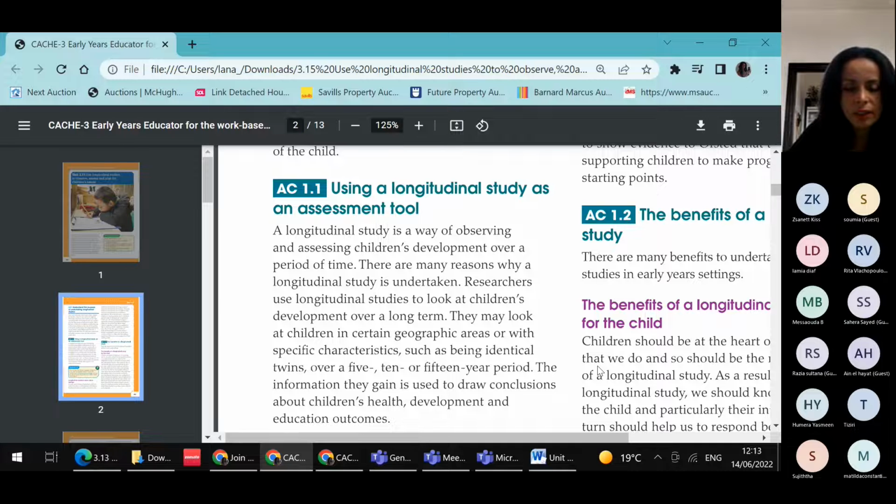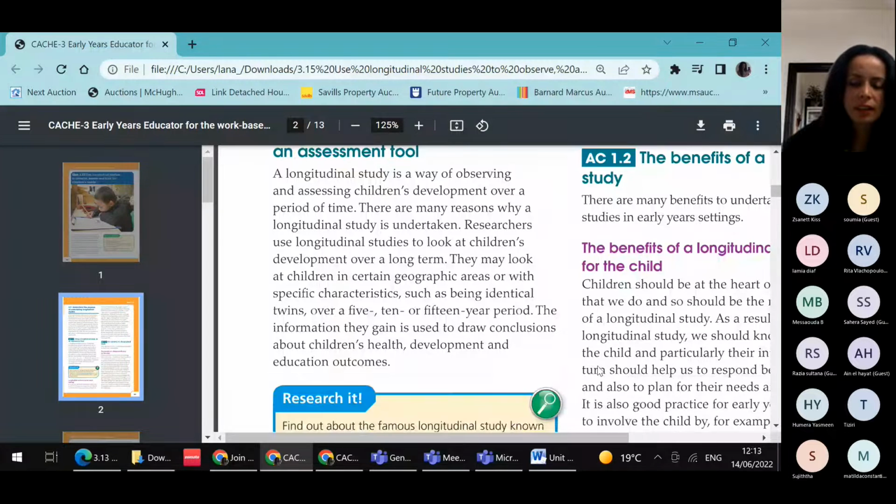So you study the child in many different situations, and you identify over a period of time, to check all this information they gained about the child, and they draw a conclusion about the children's health.